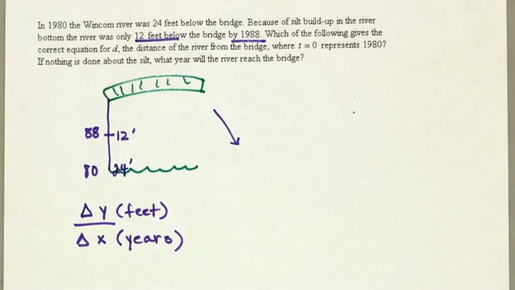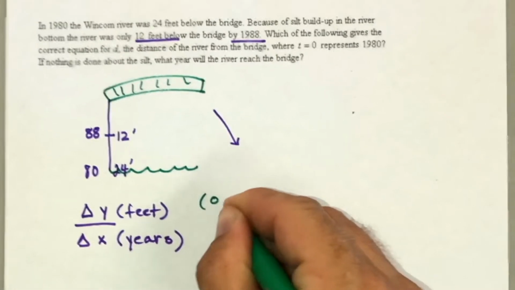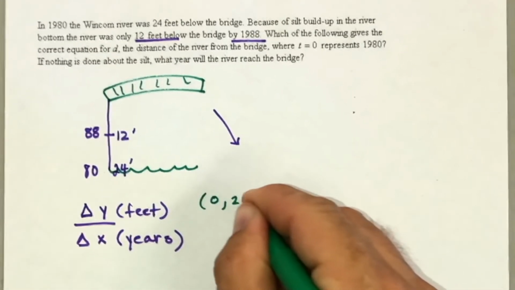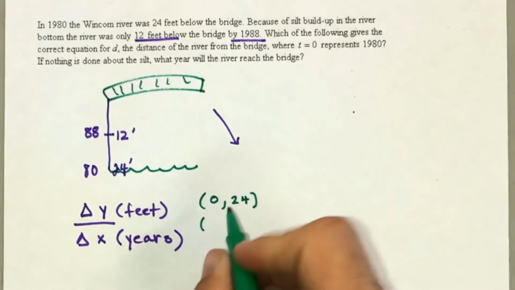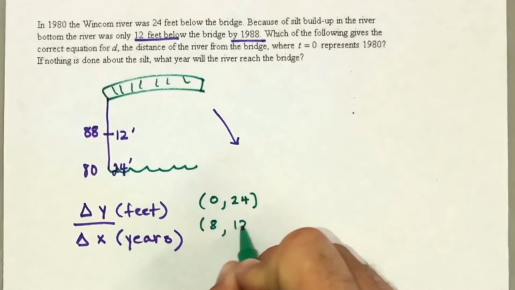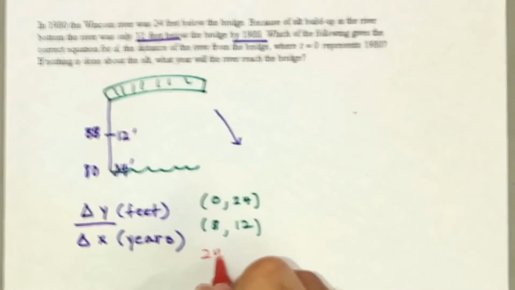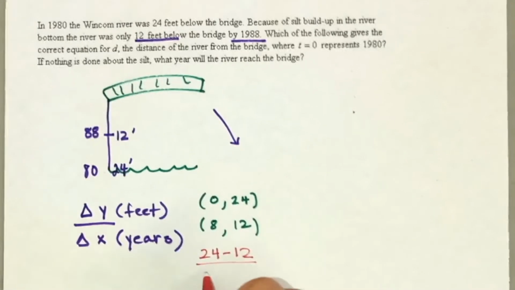And what I could do is come up with a coordinate for that as being year 0 in 80, it's at 24 feet, and at year 8 years from 80, it's at 12 feet. And then I can run a slope here, subtract my y's, 24 minus 12, over my x's, 0. Oh, I'm sorry, this should be 8 and 0.